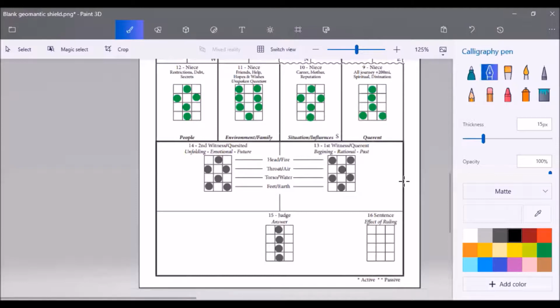Maybe you have two favorable witnesses and an unfavorable judge, right? This indicates again that the situation is changeable. So if you are a person who likes to take things into your own hands or don't take fate as it stands, it shows you that you're probably more successful in turning this energy, changing this dynamic to your favor. You probably have more control over the outcome than you think.